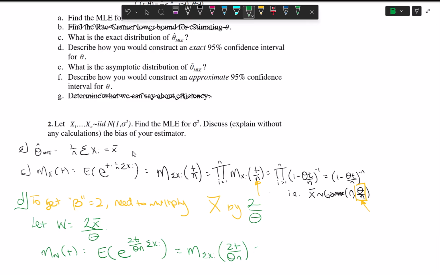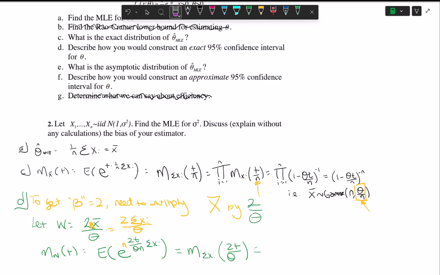I'm seeing that the n came from the X bar. I said we should multiply by n, but I didn't do it. So I'm going to get rid of that n by multiplying by another n here. We need 2n X bar, which would be 2 times the summation of the xi's over theta. That gets rid of the n in our denominator.